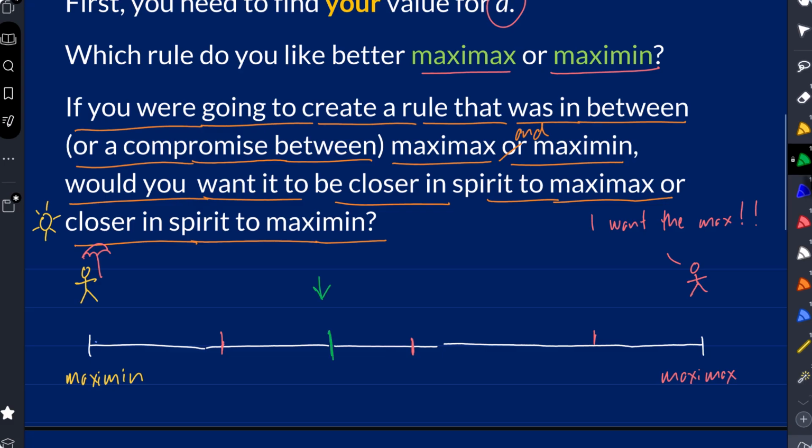I have to make up a lot of these examples, and so you might notice that my value for A isn't always the same because I want the examples to be different, but I think right here is pretty reasonable, on the play it safe side, but pretty close to the middle. Now, if we put some numbers on our spectrum, we'll say that this is 0 and this is 1. So this is 0.5. So let's say that this point that I chose is 0.4. So for me, A is 0.4.